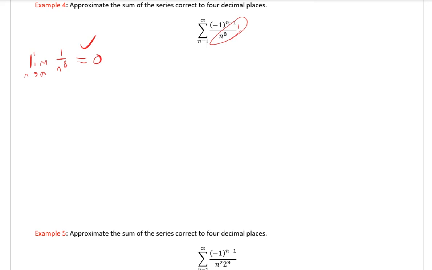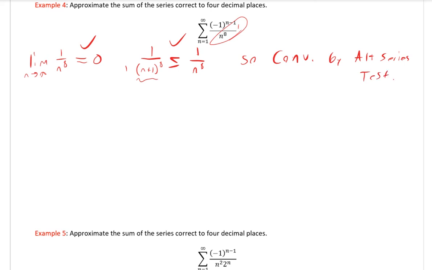It equals 1 over infinity. And then for decreasing, we can actually do like what we did with the harmonic series earlier. 1 over n plus 1 to the 8th is less than or equal to 1 over n to the 8th. Well, this side is always slightly larger, so this is true. So, convergent by the alternating series test.